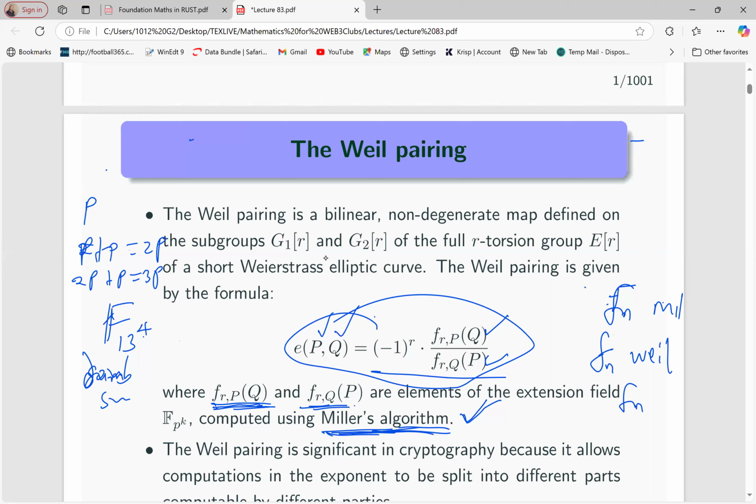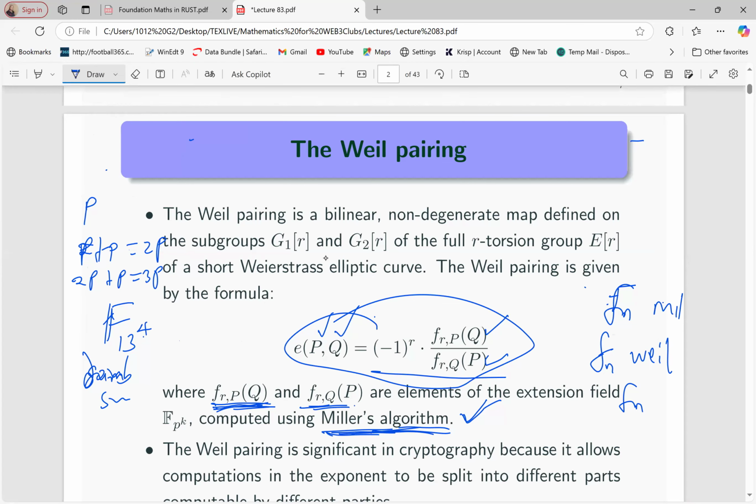That is what Miller's algorithm will be doing to get these points, so doing successive doubling. That means you require a function for doing summation. And in our codes, we've always had this.